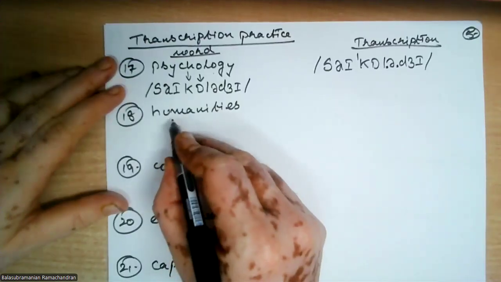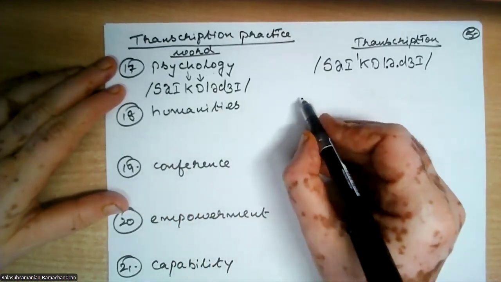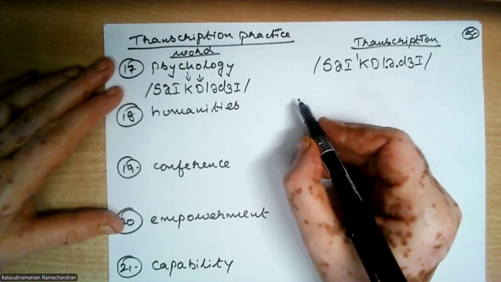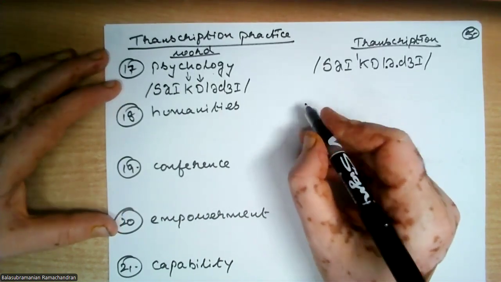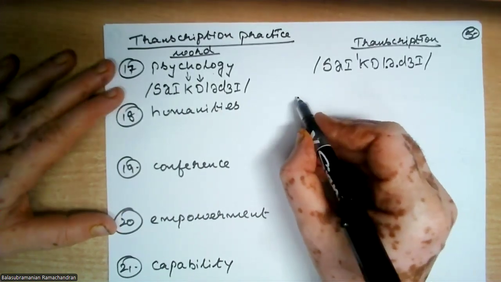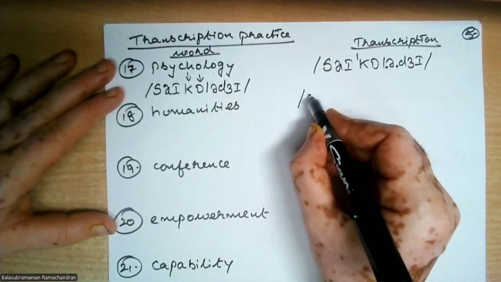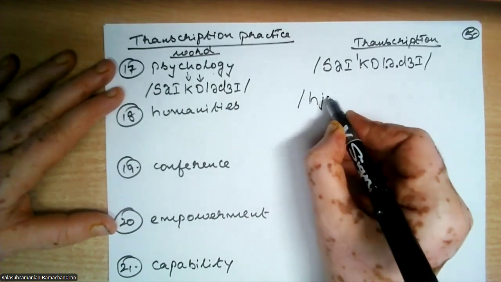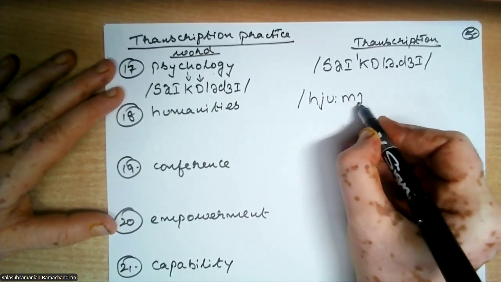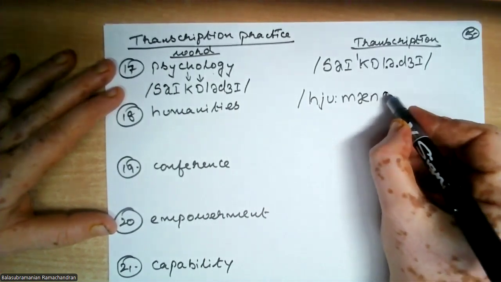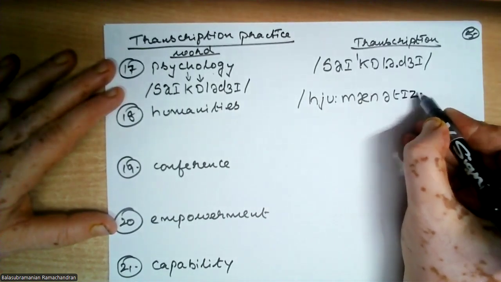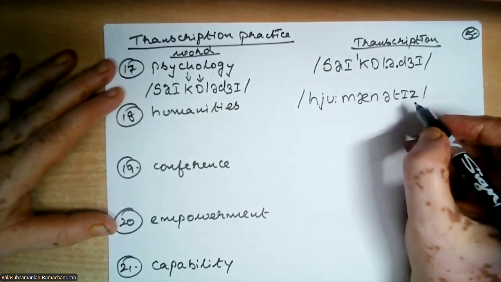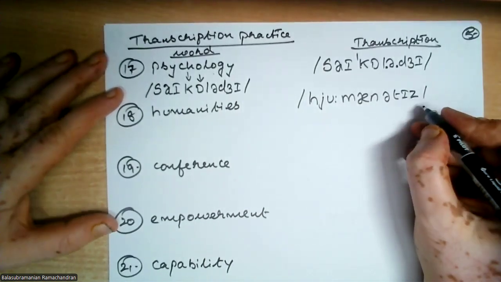Humanities. The pronunciation is humanities. So it is written like this, transcribed like this. Tis, sorry, not tease, but tis.